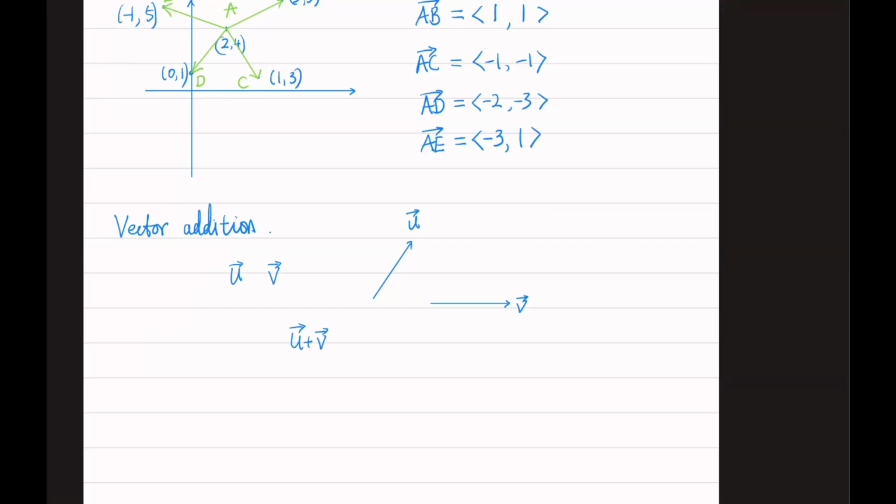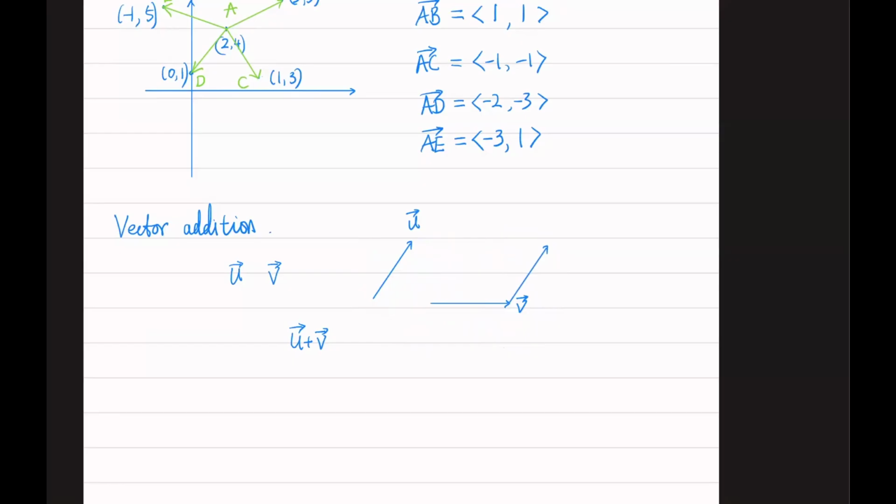To do this, there are different ways to do it. One way is we make a copy of this vector at the end of v. Let me see if I can make a copy. Okay, nice.